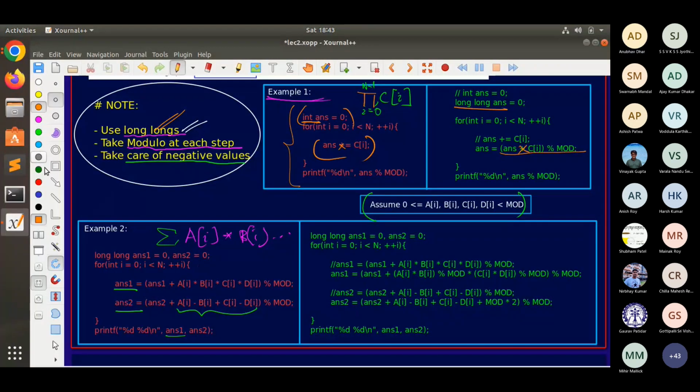So here, this value can easily overflow. If these are all of the order 10 to the 9, this can be very large. So you need to take care of this very carefully. Here I have taken 2 at a time so that the number stays in the range 10 to the 18, which is in the range of longs.